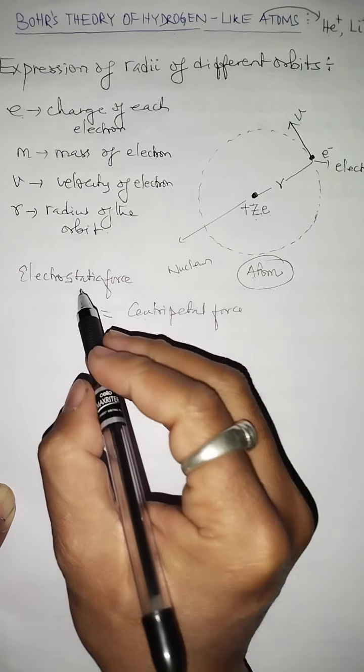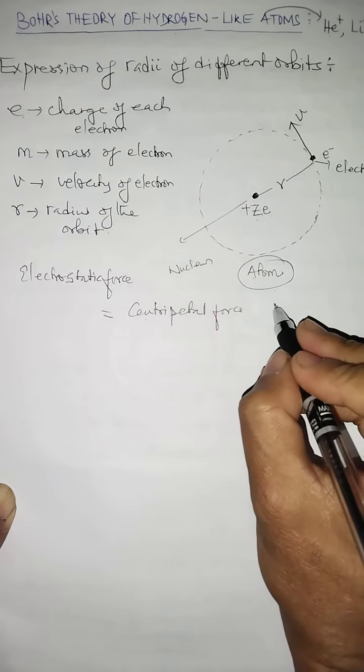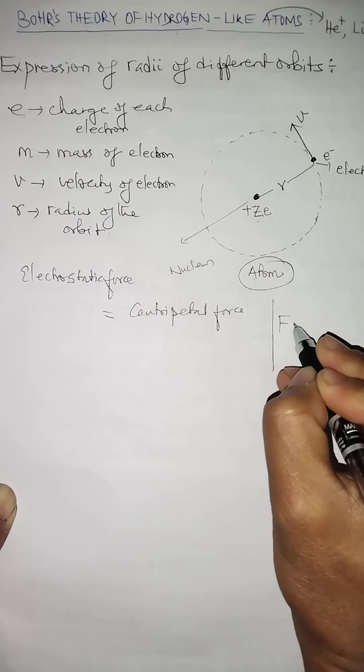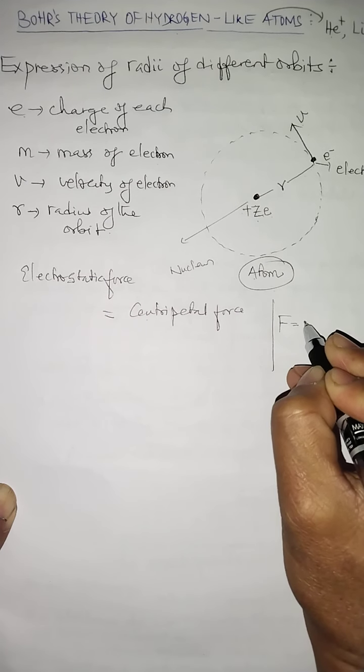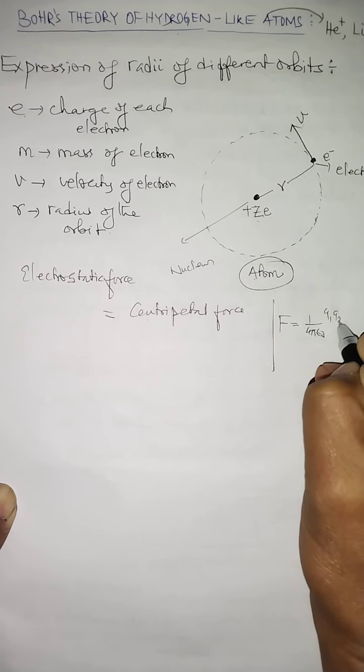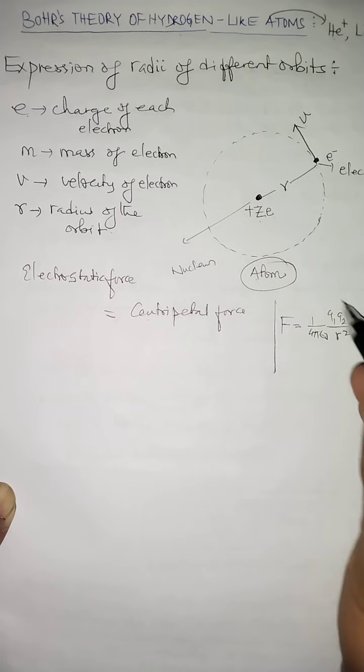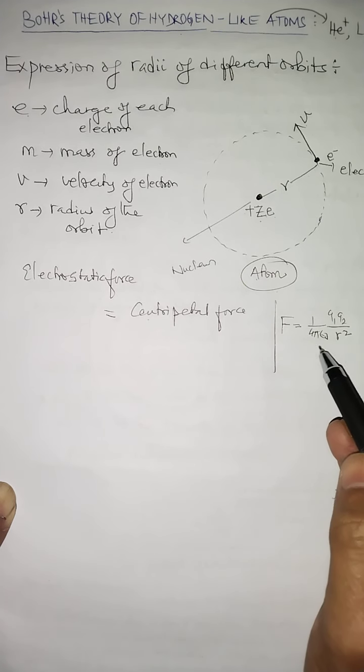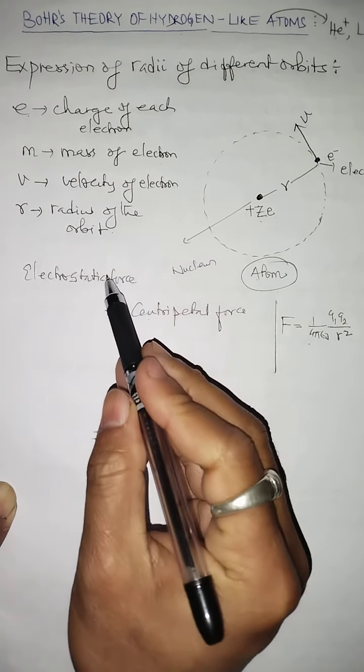Now the electrostatic force is measured by Coulomb's law, which you have learned: F equals 1 by 4 pi epsilon naught Q1 Q2 by r square. I am going to use this formula for the electrostatic force.